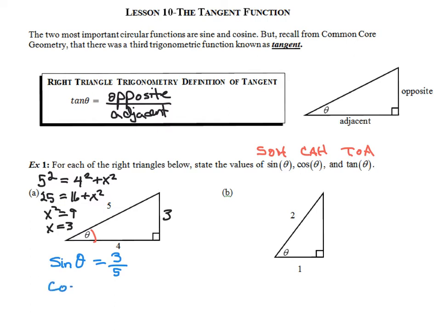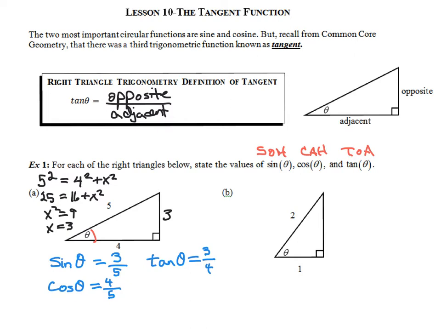The cosine of the angle, cosine is adjacent over hypotenuse, so adjacent just means next to the angle. So that's going to give me 4/5. And for my last trig function, the tangent of the angle is going to be opposite over adjacent, so that should be 3/4. These should be pretty easy ratios for you to calculate.